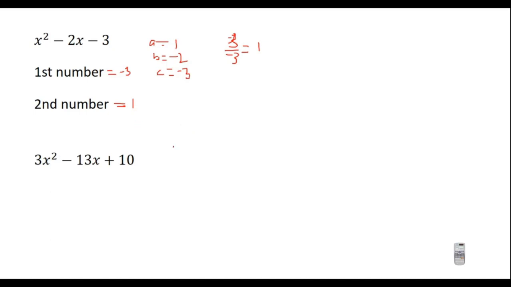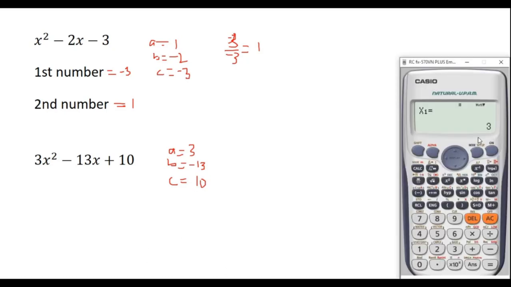Now in this example, we know that A is 3, B is -13, and C is 10. So you go on to your calculator, then you feed these values into the calculator. So press on mode, you press equation, then you press the third one.